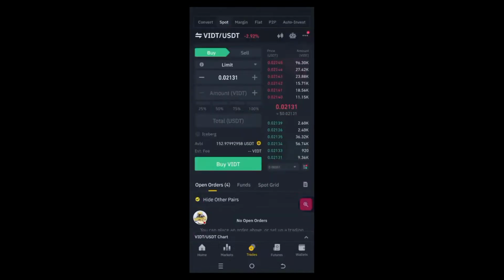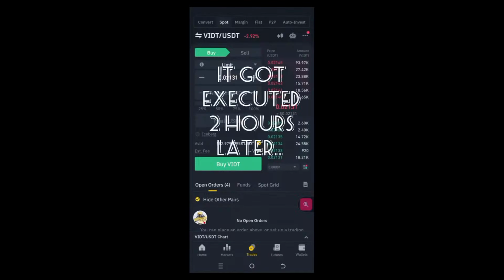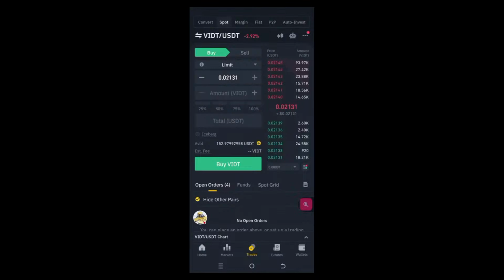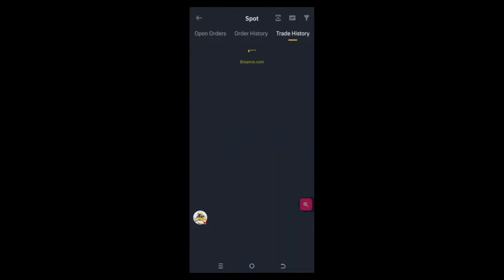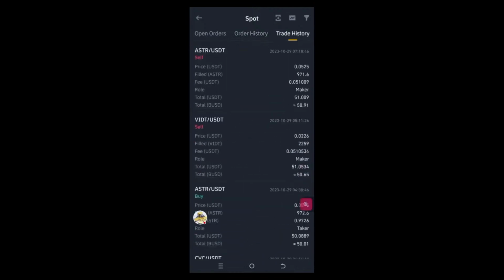We're currently on VIDT, as you can see here, and this trade happened almost 2 hours after we picked the trade. So it executed almost 2 hours after we picked it. Because this happened a couple of hours ago, let me open up the trade history so that we can look at the different points and metrics.